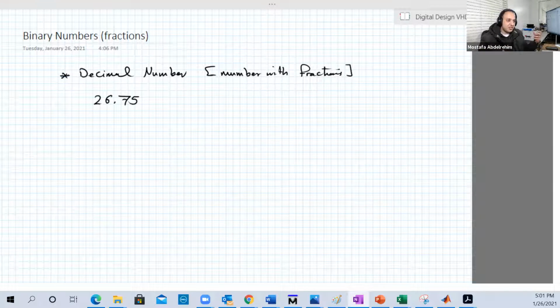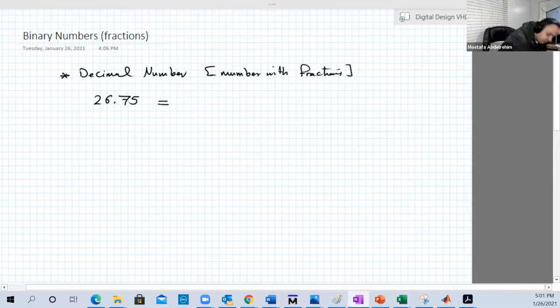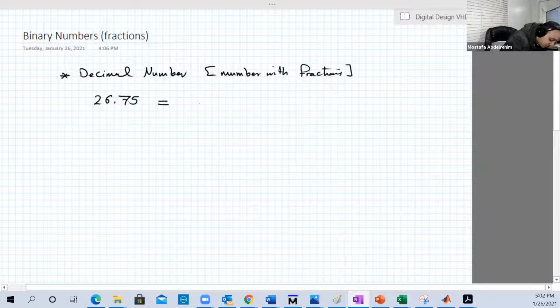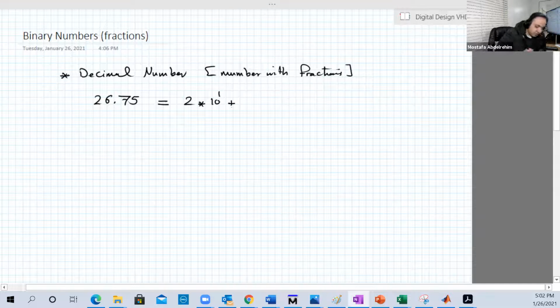For example 27 is 2 tens and 7 units, right? So let's see if this matches what we learned last time. 26 is 2 multiplied by 10 to the power of 1 plus 6 multiplied by 10 to the power of 0.